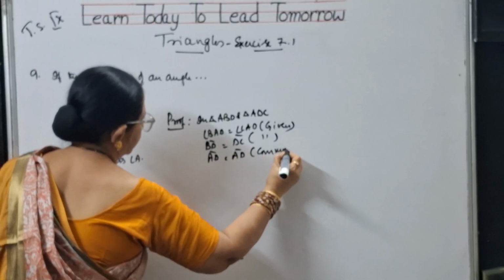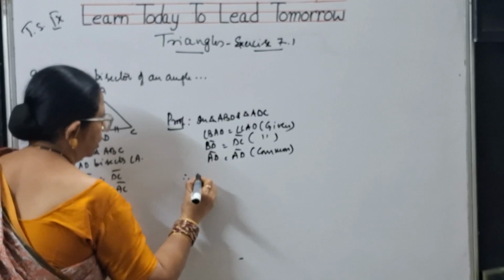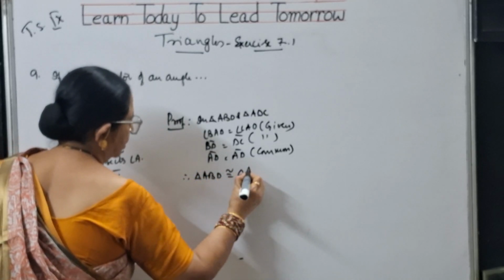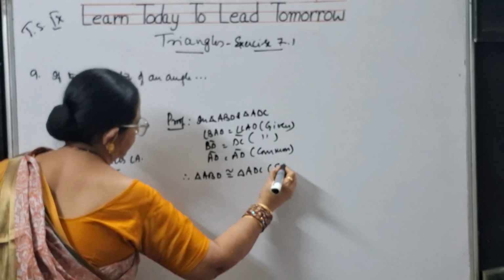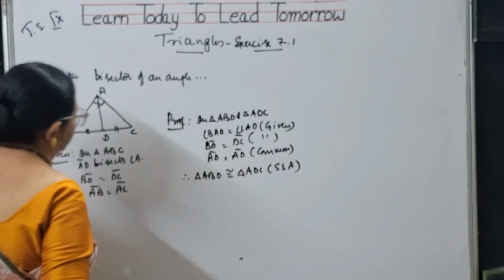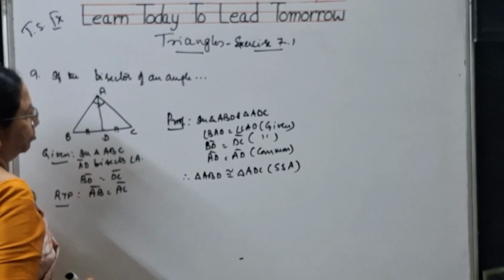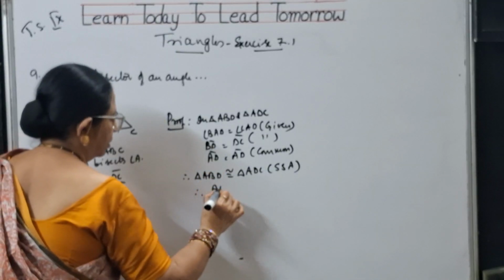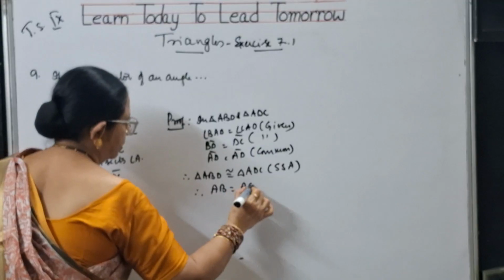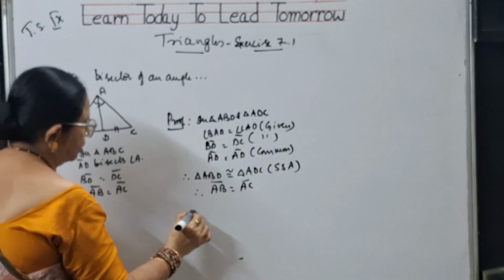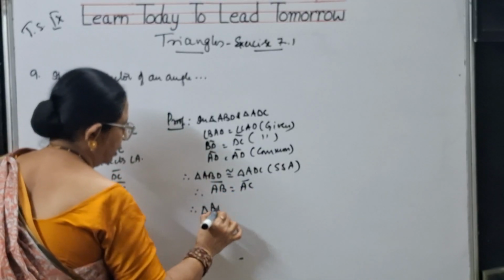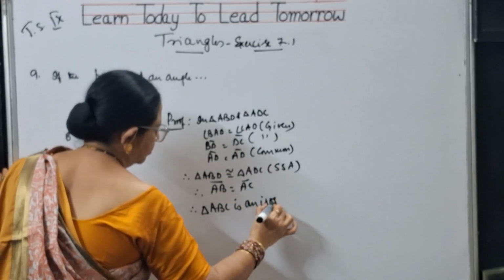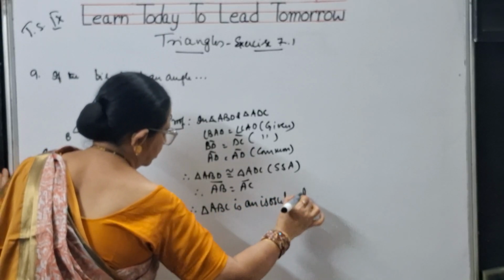This is common. Therefore, triangle ABD is congruent to triangle ADC basing on side-side angle property. Therefore, when two triangles are congruent, AB is equal to AC. If AB is equal to AC, therefore triangle ABC is an isosceles triangle.